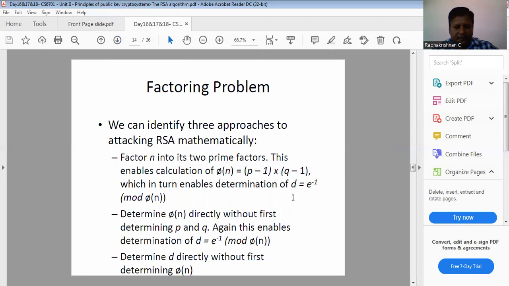From the totient function, the D value is calculated: D equals E inverse modulo the totient function of N. The totient of N is not directly computed, because without knowing the two prime numbers there is no possibility of identifying the totient function. So the factoring problem purely depends upon prime numbers. Without knowing the prime numbers, we are not in a position to derive the remaining RSA elements. So factoring plays the major role in the RSA algorithm.